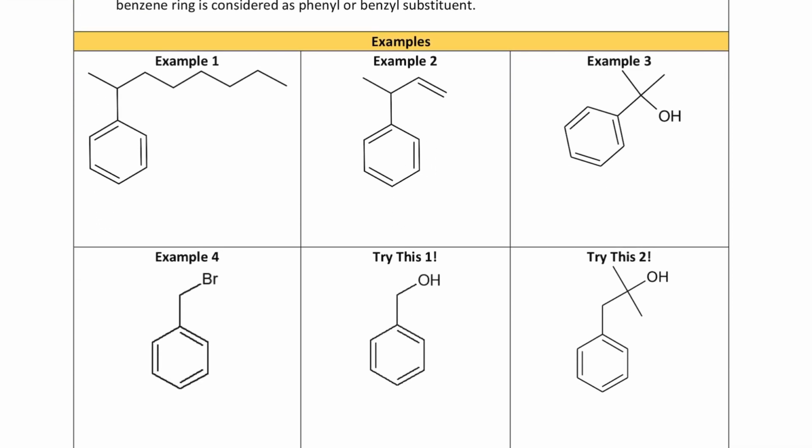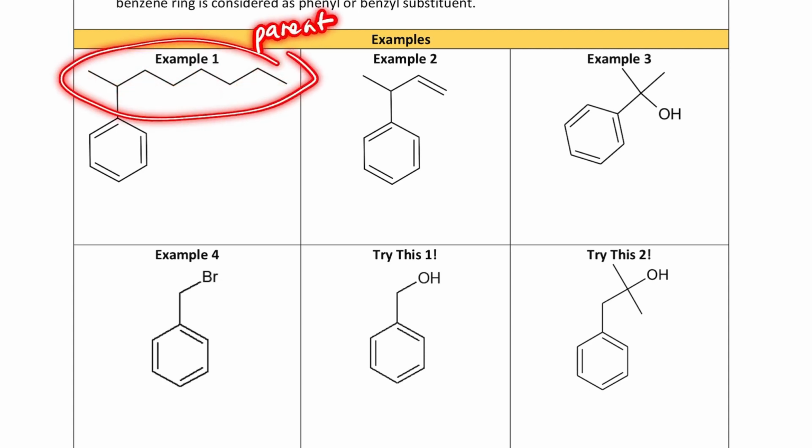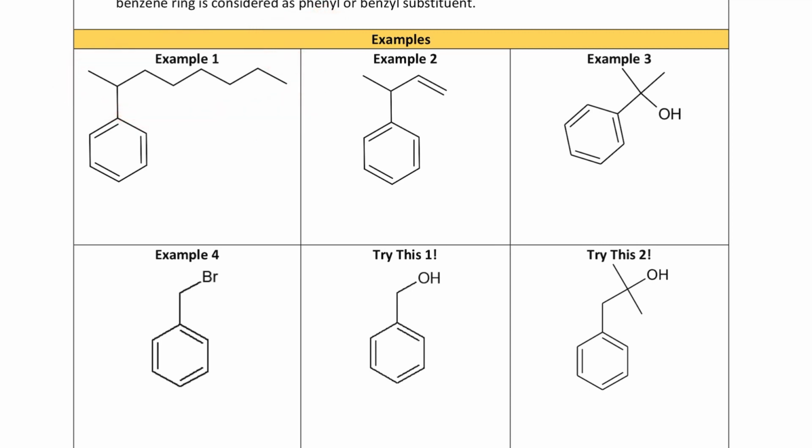So let us look at example 1. Okay, so for example 1, we can see clearly lah benzene ada sini, and then over here ada 1, 2, 3, 4, 5, 6, 7, 8 carbon. So maksudnya yang atas ni akan jadi parent dia, parent chain dia. Okay, which is 8 carbon. Straight chain dia without double bond ke apa, so that means parent dia adalah octane. Okay, and then where should we start counting number 1?